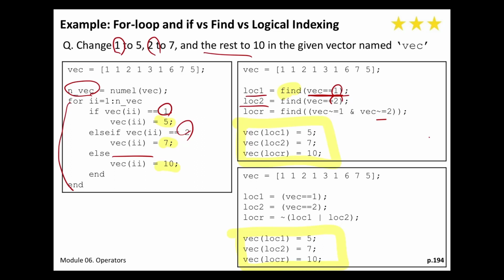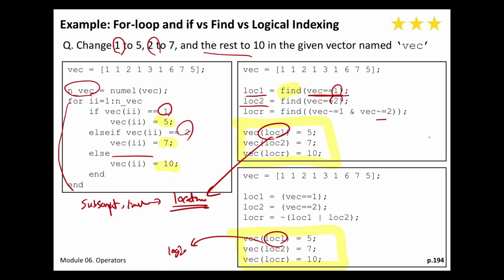This one here is the location, so this one is subscript or linear indexing. This one is the logical vector. This is the logical indexing. Make sense?